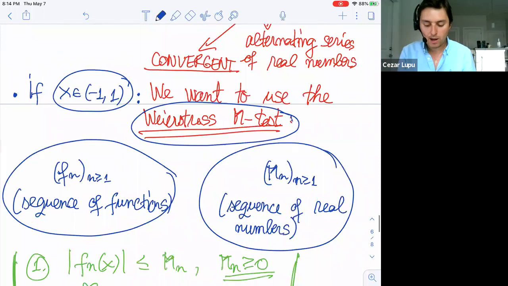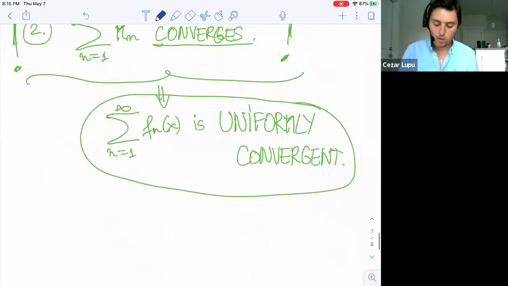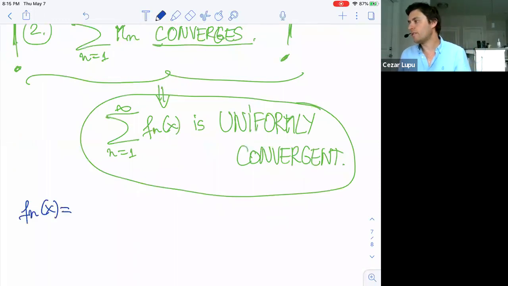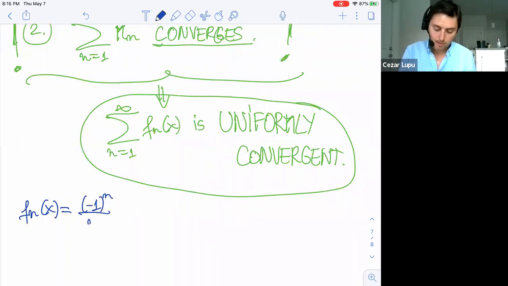So keep in mind we're here on (-1, 1), and let's see, what is f_n of x? f_n of x is (-1)^n over n times x to the power n.